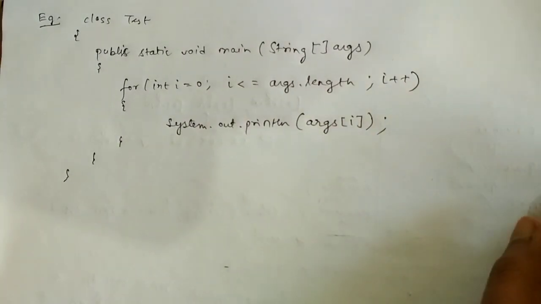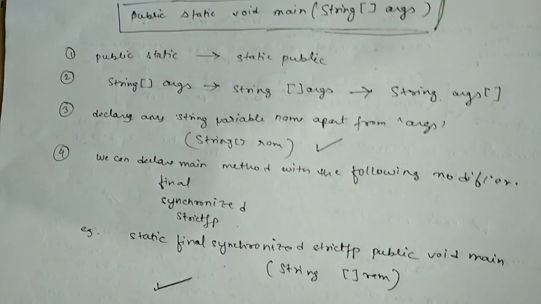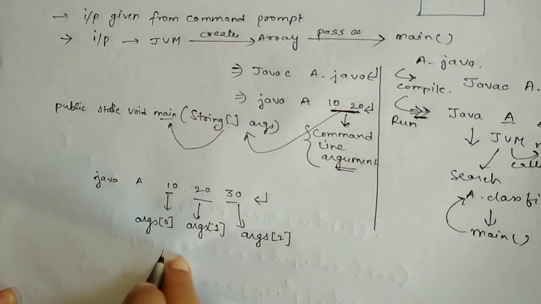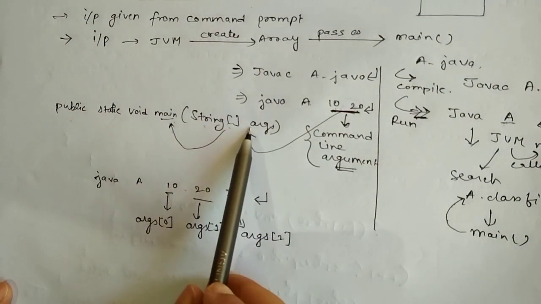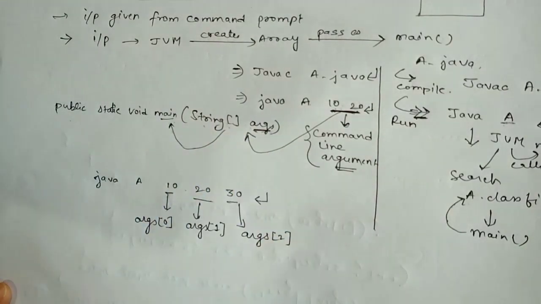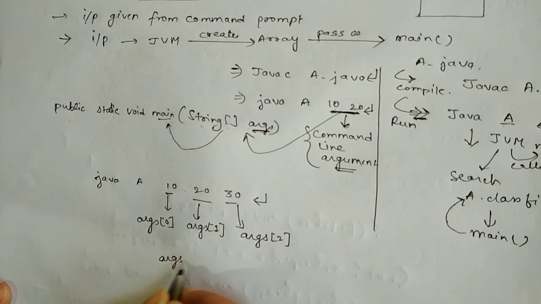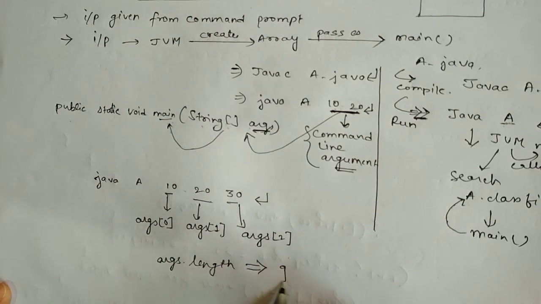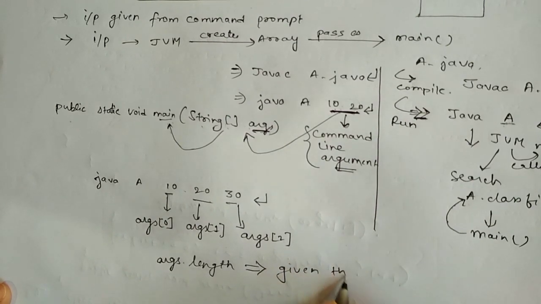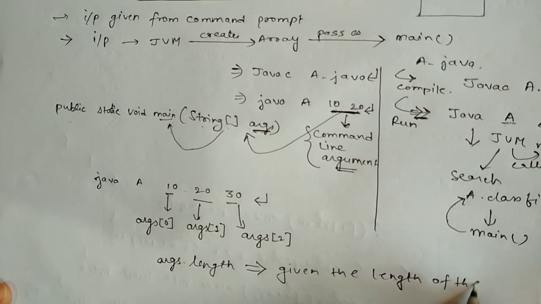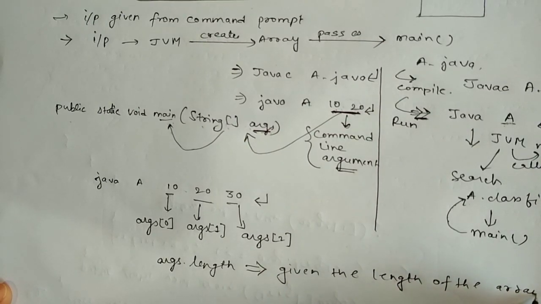I forgot to say one thing. Here, args is the array name. If we write args.length, it will give the length of the array.